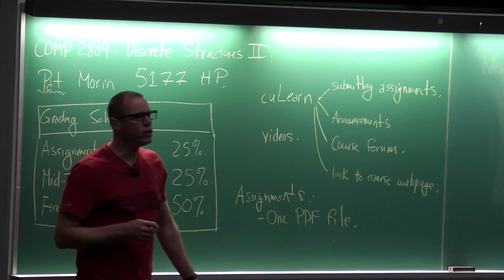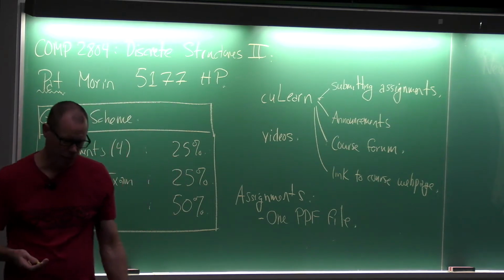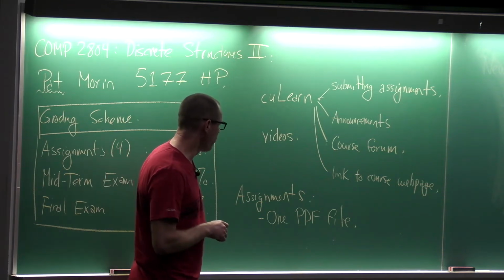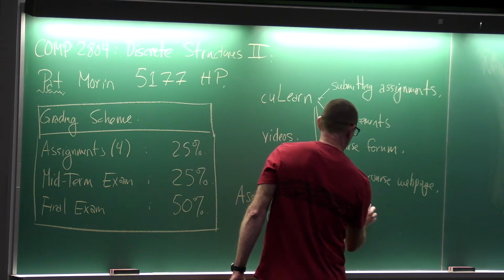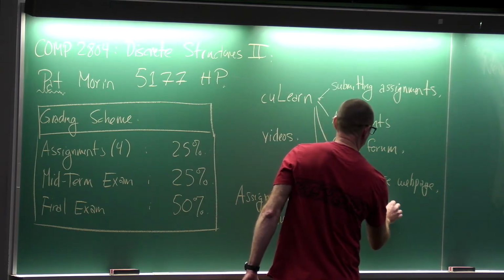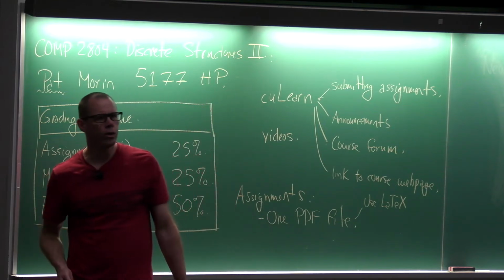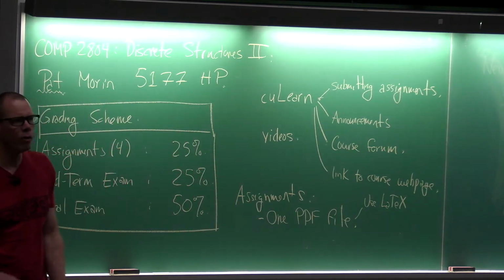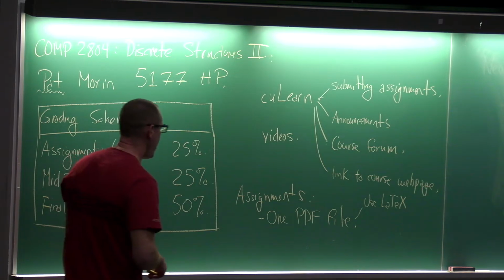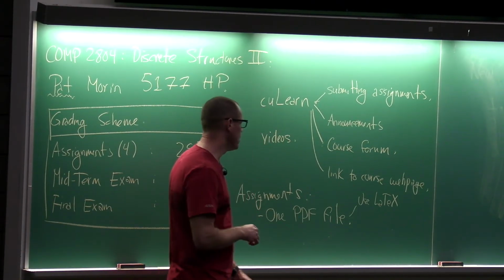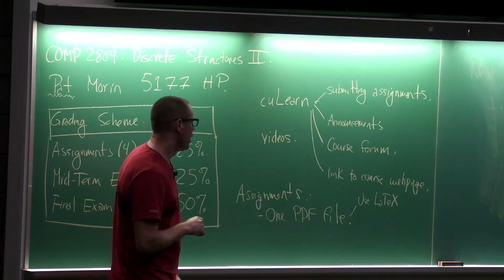So there are 2 options for making this kind of PDF file. Actually, there are many options, but 2 sort of main paths to this. One of them is to use LaTeX, the LaTeX typesetting system, typeset all your solutions really nicely, including all of your formulas and things in LaTeX, and submit that, because LaTeX easily generates PDF files.